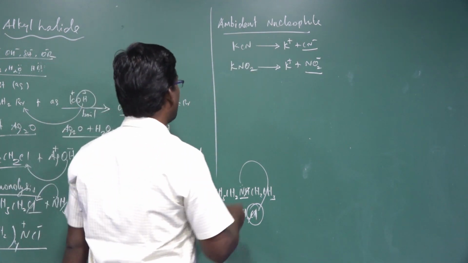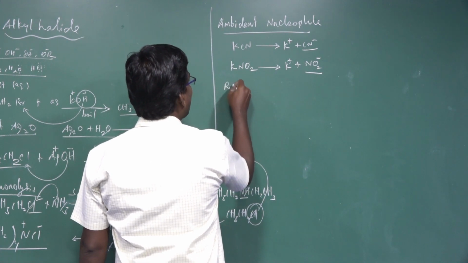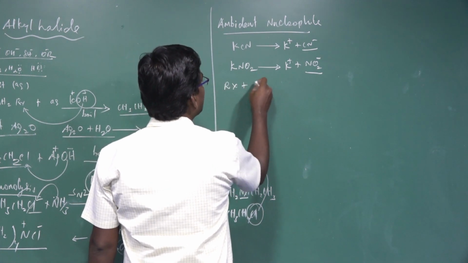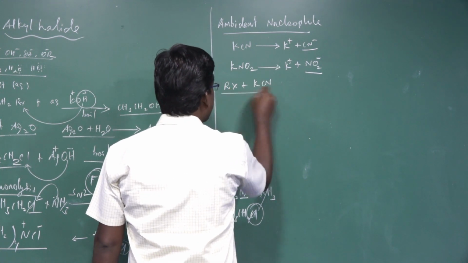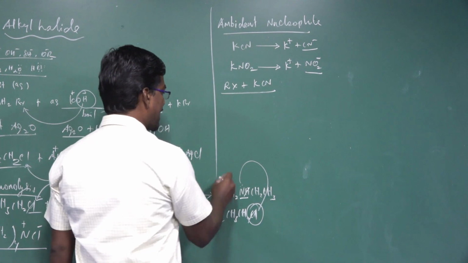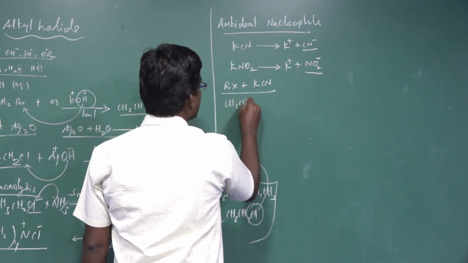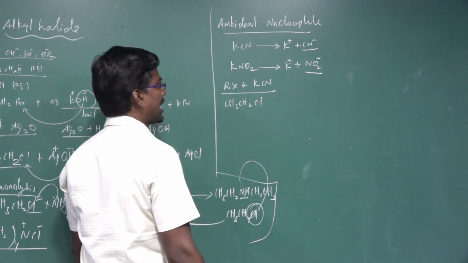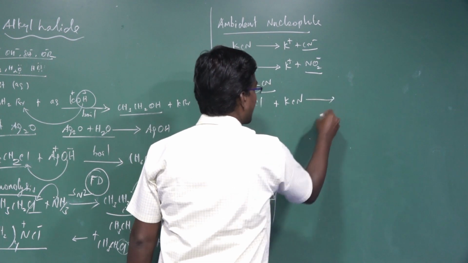For example, first, an alkyl halide reacts with potassium cyanide, KCN. Alkyl halide, ethyl chloride CH3CH2Cl, reacts with potassium cyanide.